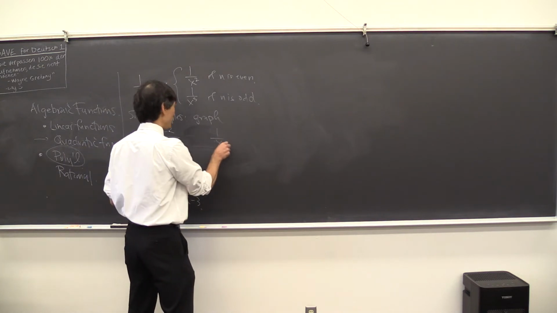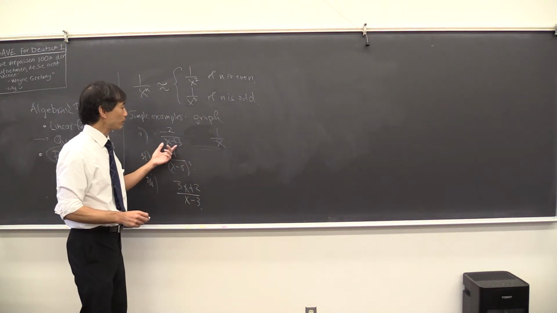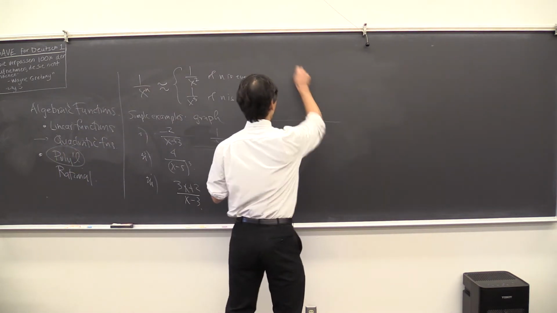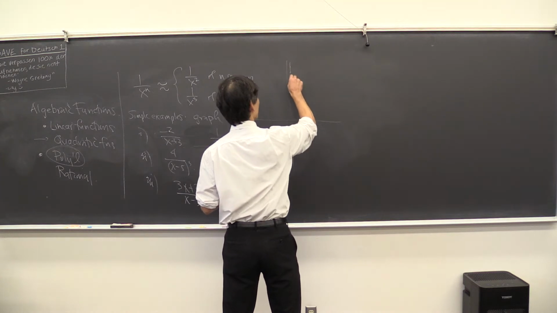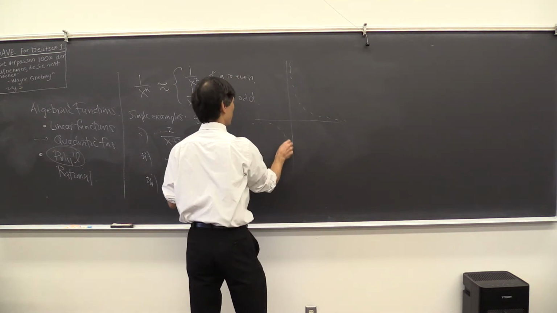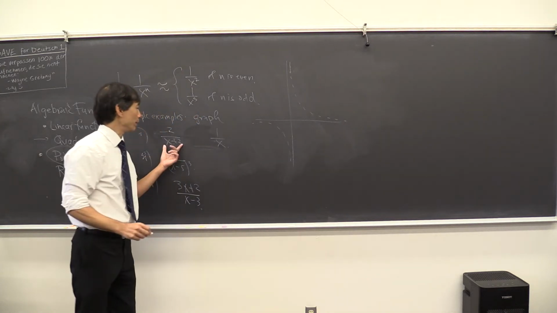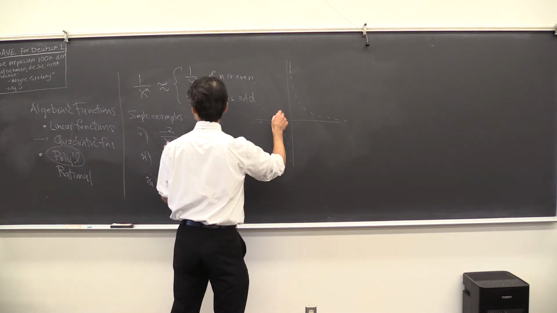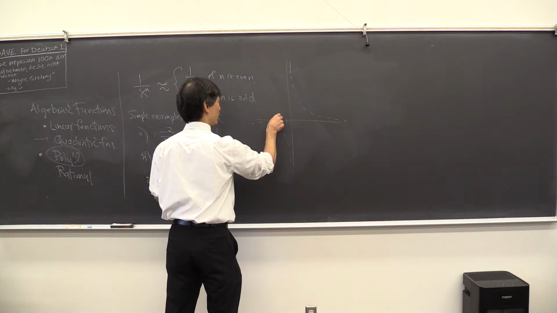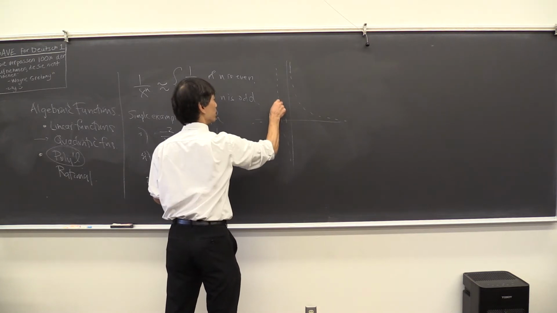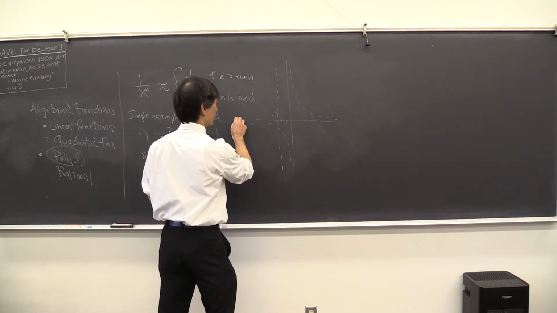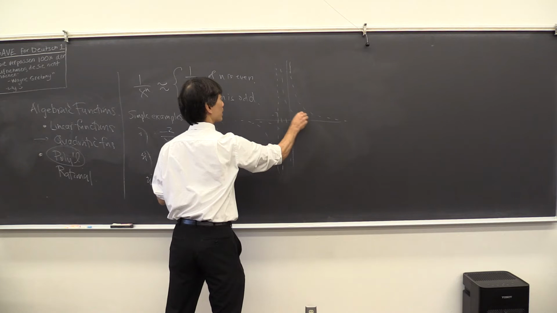So you've got the 1 over x function, and you shift it over to the left or to the right? To the left. It has a pole at -3. You shift it over to the left, and it's like this.